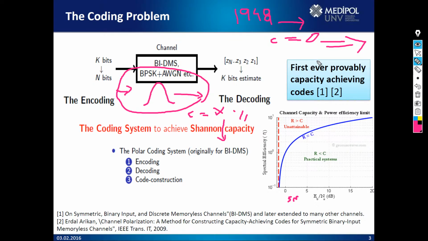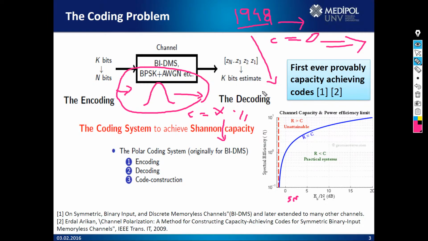Then, since that time up until recently, no code was invented in this period that was proven to achieve the capacity of Shannon in a mathematically derived way.